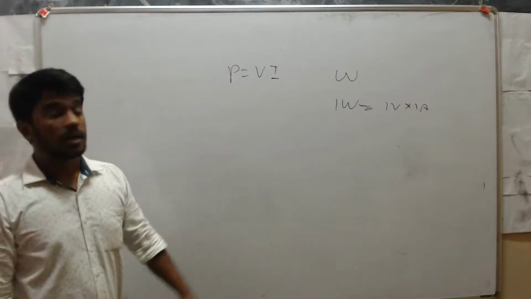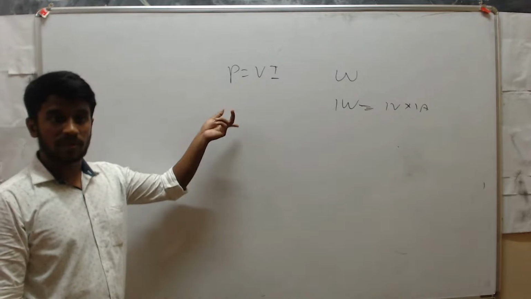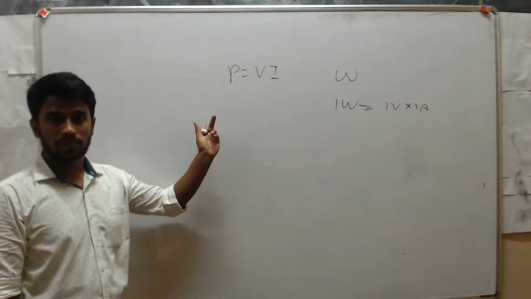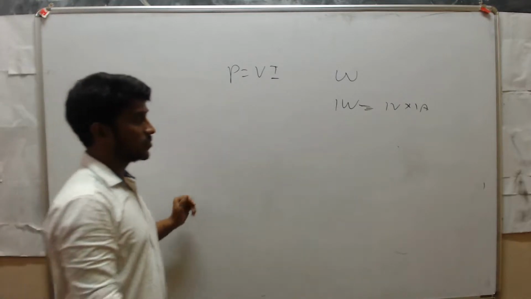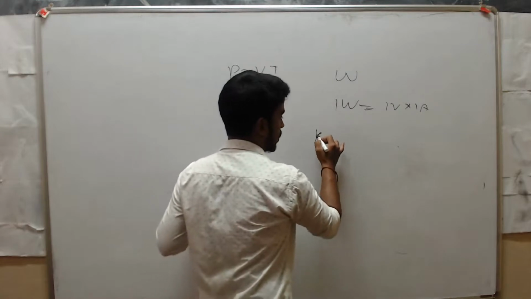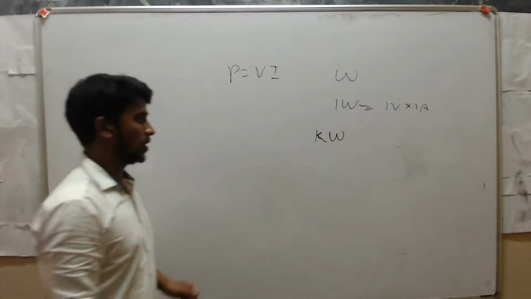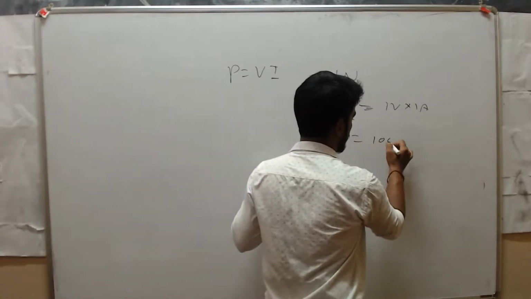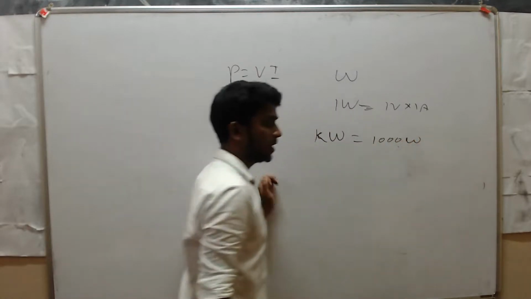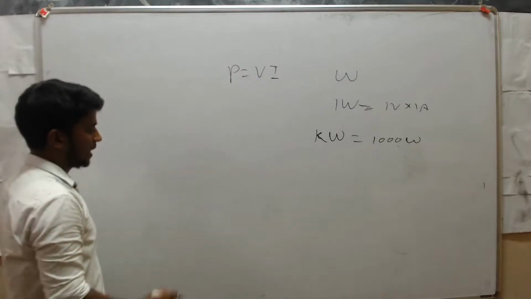Next, if the watt is very small and the energy consumed is very large, then power means energy consumed, both are the same. If the energy consumed is more, at that time we use kilowatt hour. 1 kilowatt hour is equal to 1000 watt hour. Next, electrical energy.